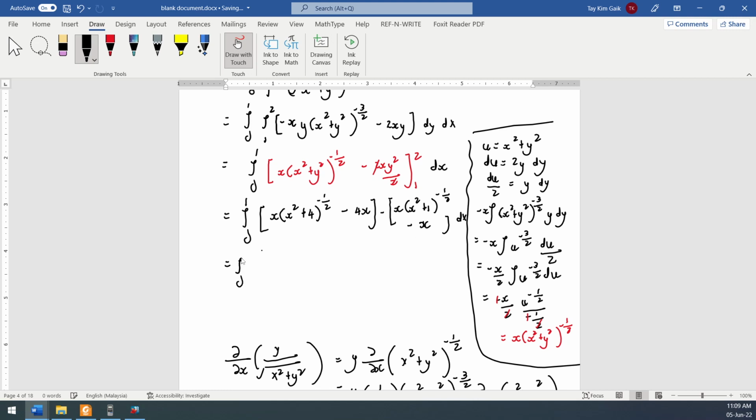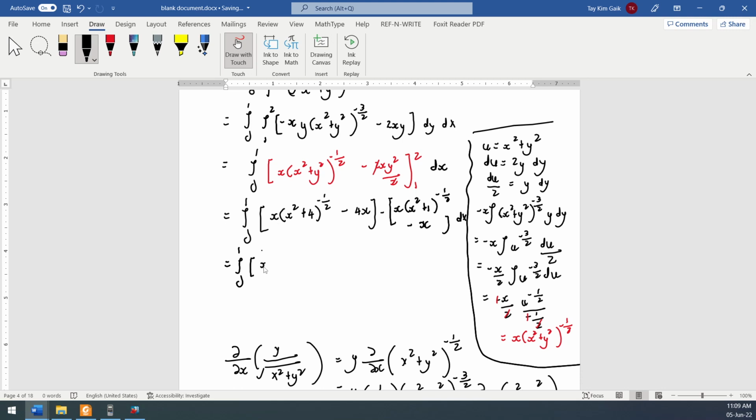So we simplify it. Lastly, if you want to do it manually, use the substitution technique: let u equal x squared plus 4. Or else, since the last integral gives a constant, you can use a calculator to obtain the answer.